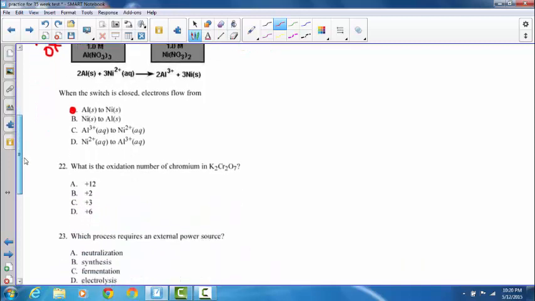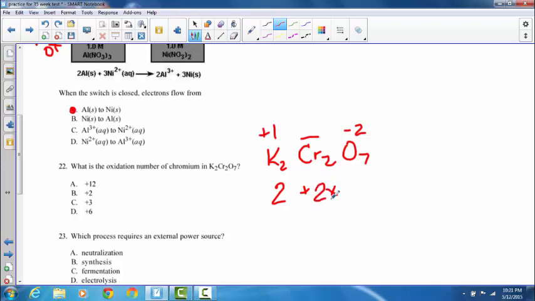What is the oxidation number of chromium? Here's another one of those algebra problems. So I've got K2, Cr2, O7. Oxygen is a -2, Cr is what I'm going to solve for, K is a +1. 2 +1's give me a 2, 2 Crs give me 2X, and 7 -2's give me a -14.